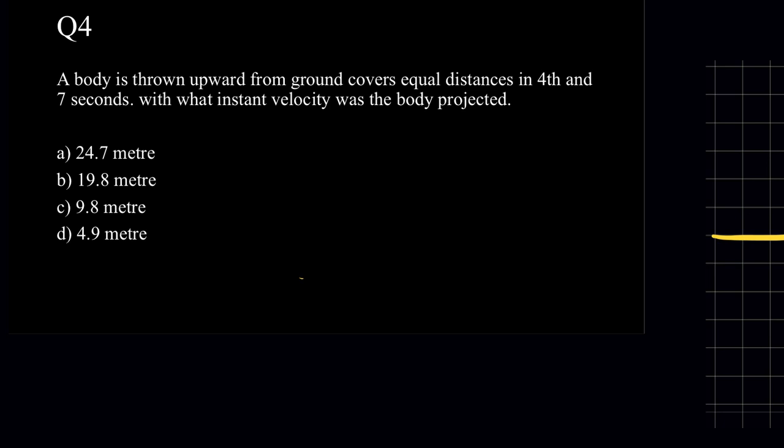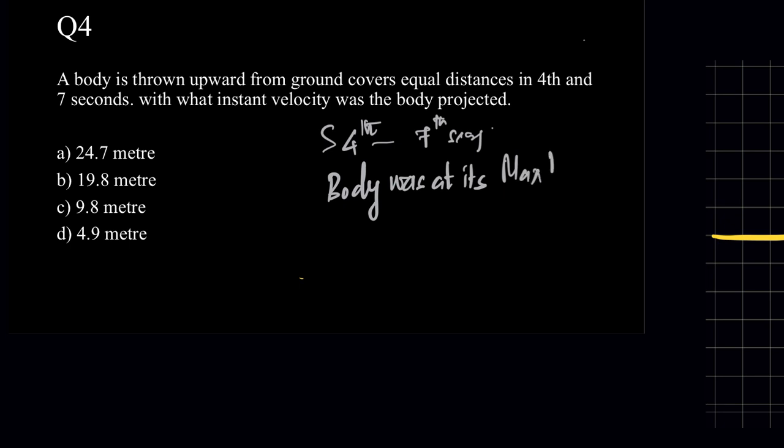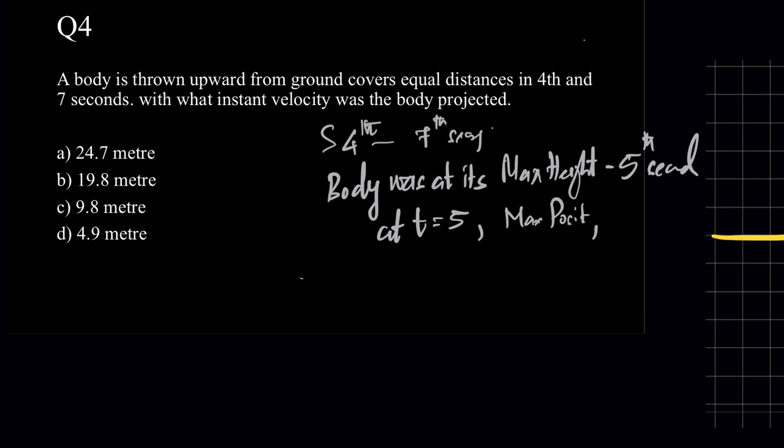It is given that the distances covered in the 4th and the 7th second are equal, which directly means that the body was at its maximum height at the 5th second, which means at t is equal to 5, the body was at its maximum position, and at this position the velocity was equal to 0.